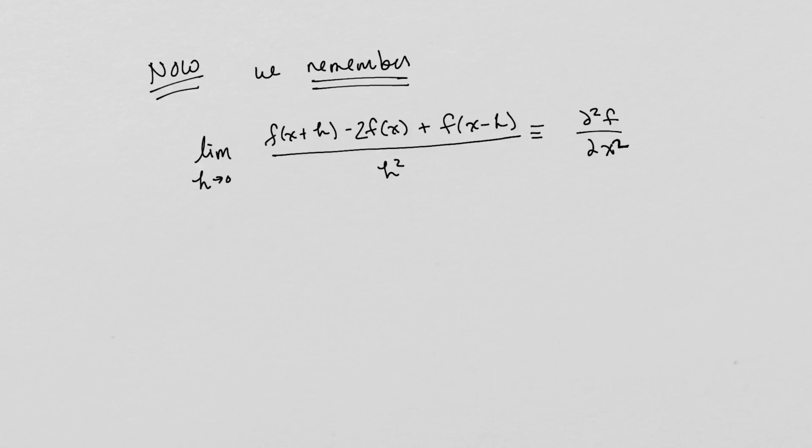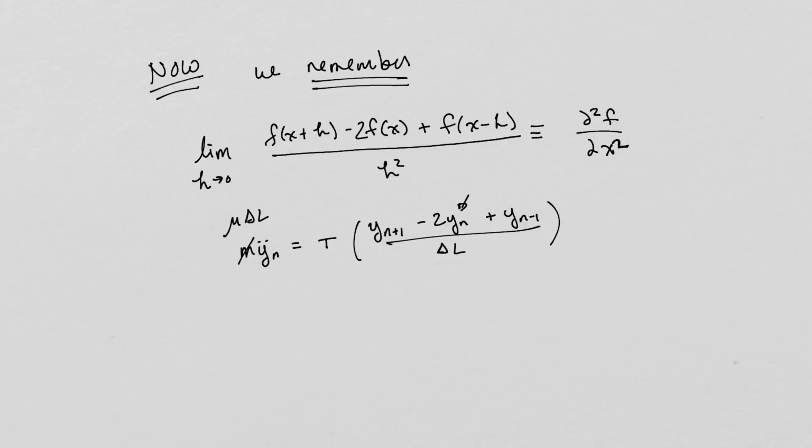So I had m y sub n double dot is equal to T times y sub n plus 1 minus 2 y sub n plus y sub n minus 1 over delta L. So let me first replace m with mu times delta L, and then I'm going to change all of these things to f's.